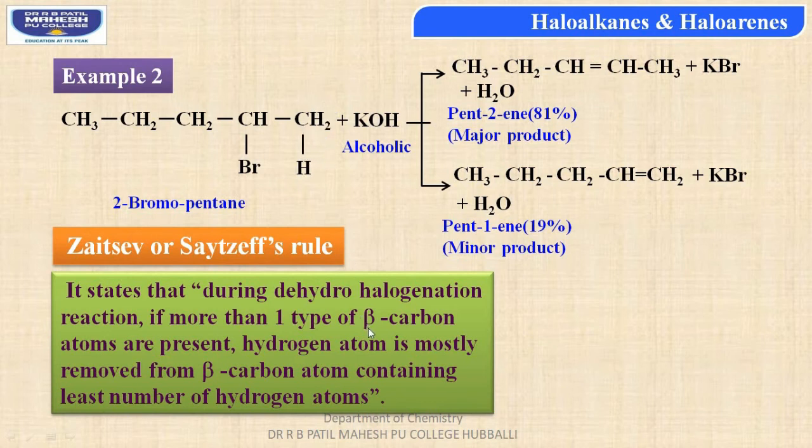So according to the rule, the major product would be the one where removal of the hydrogen occurs from the beta carbon atom containing least number of hydrogen atoms. Because of this, students, the first compound, that is pent-2-ene, we isolate nearly 81%, thus it is a major product.